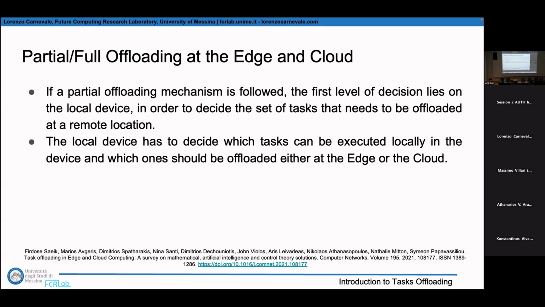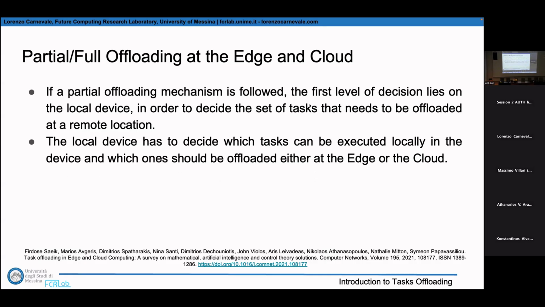So for example, if a partial offloading mechanism is followed, the first level of decision is in the local device. So this means the local device decides what is the set of tasks that needs to be offloaded to a remote location and the set of tasks that still needs to be run on the local device, okay?